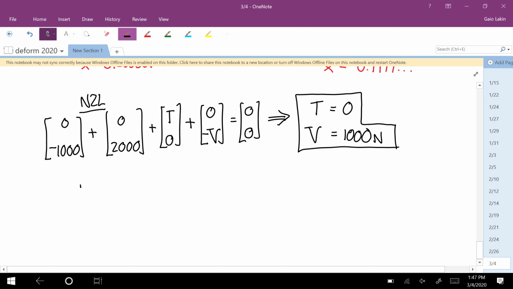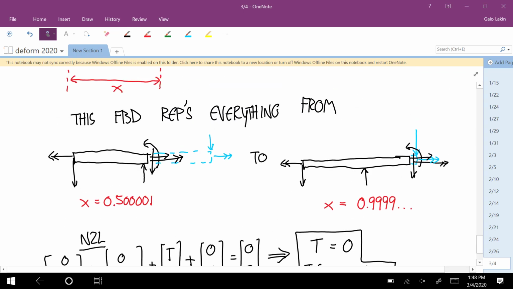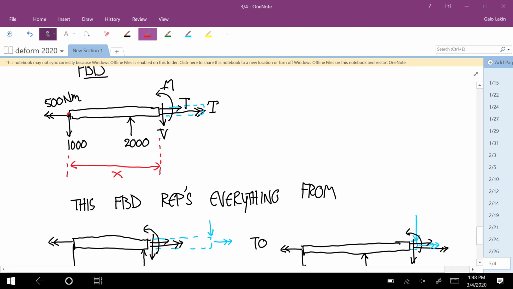And now the moments about the z-axis. Our about point is still going to be all the way at the left. The 1,000 doesn't produce one. The 2,000 does. What's the moment arm of that 2,000? 0.5. Yep. Because this distance doesn't change depending on where this is. You see that? The distance between the left endpoint and that roller is fixed.